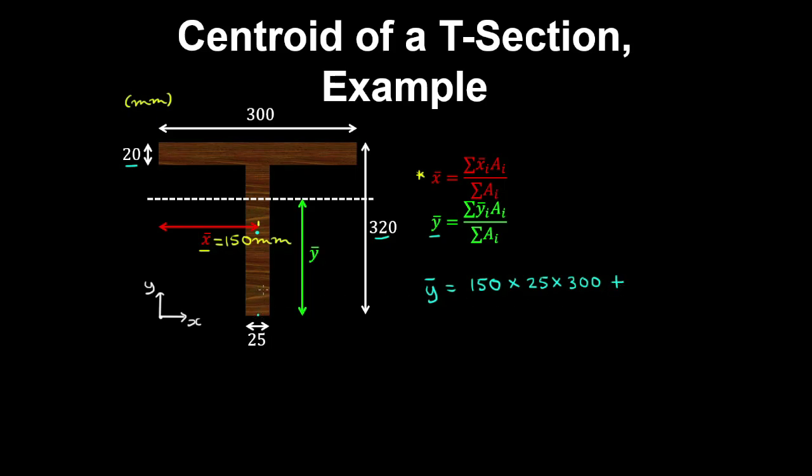So from the origin, the centroid is 310 millimeters. So in the middle of this rectangular section. And we multiply this by the area of the flange. And that's divided by the area of the web plus the area of the flange.